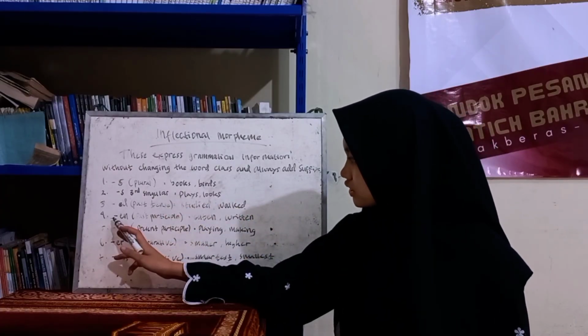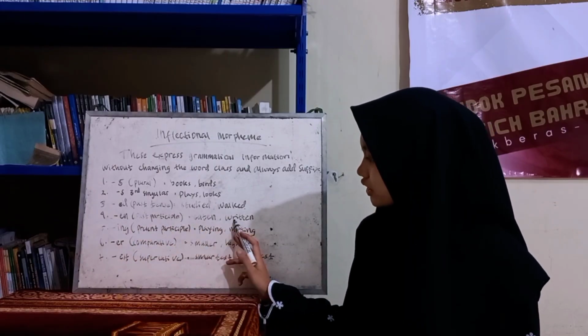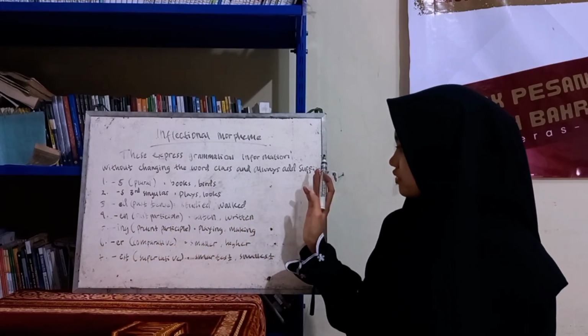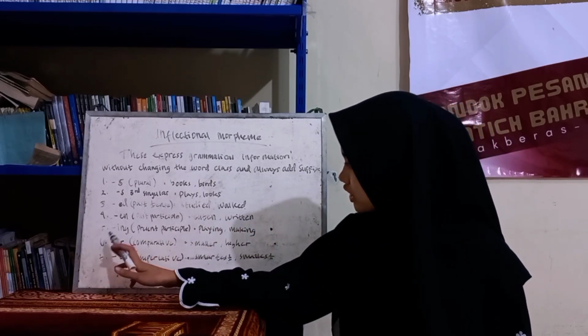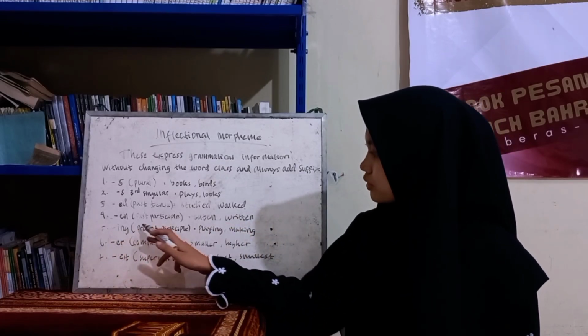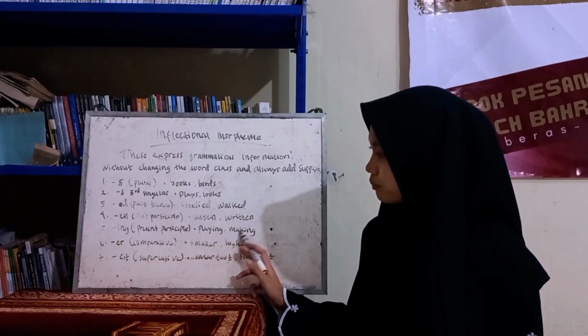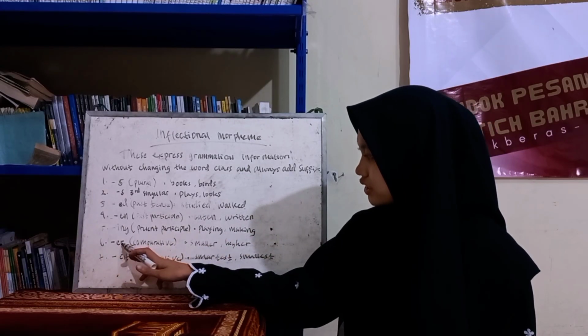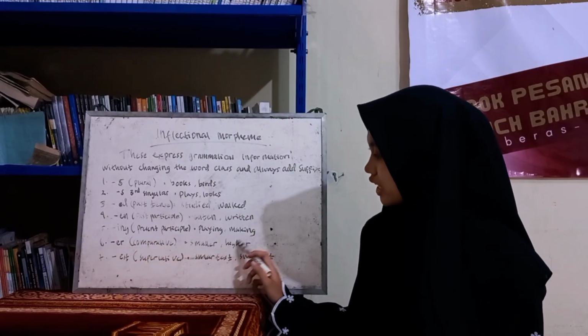And the fourth is EN for past participle, example eaten and written. The suffix is N. Next, ING for present participle, example playing and making. And next ER for comparative, the example smaller and higher.